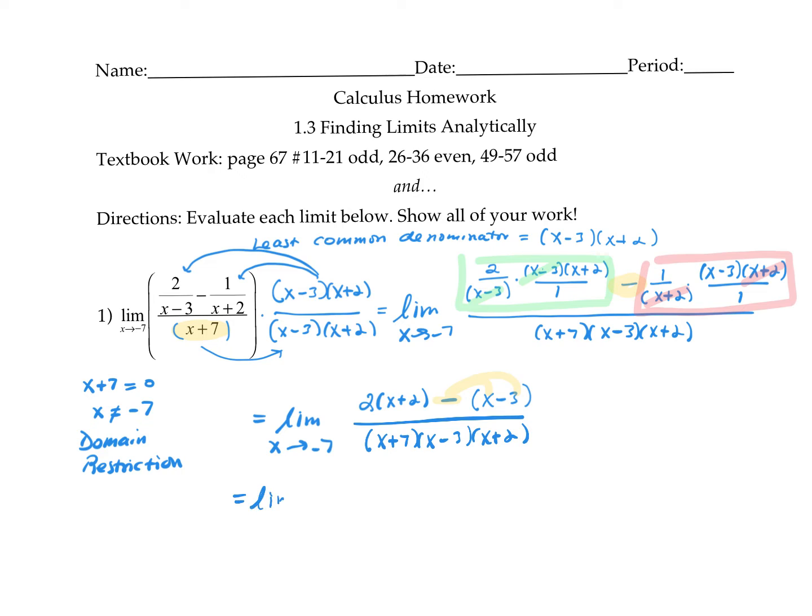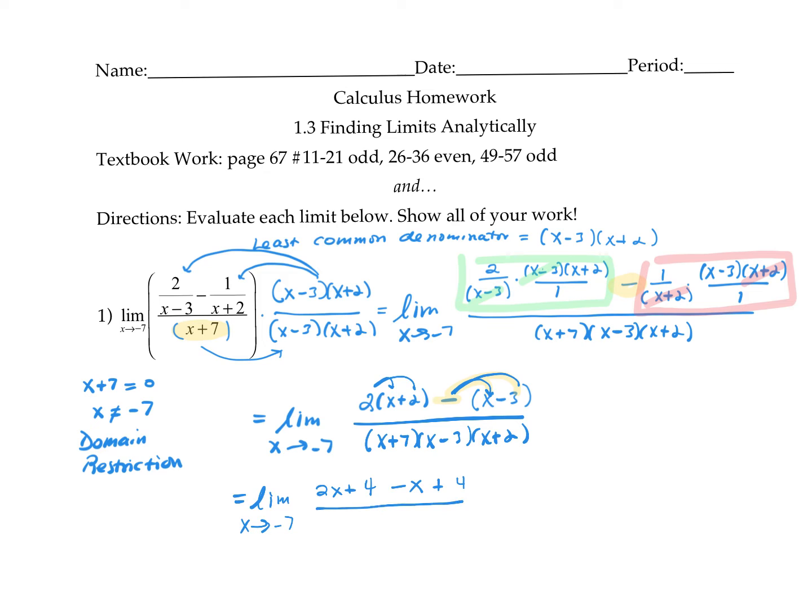Let's start simplifying the numerator. We'll distribute that 2, and we get 2x plus 4. Distribute the negative, so we end up with -1x, or just -x. -1 times -3 is +3.